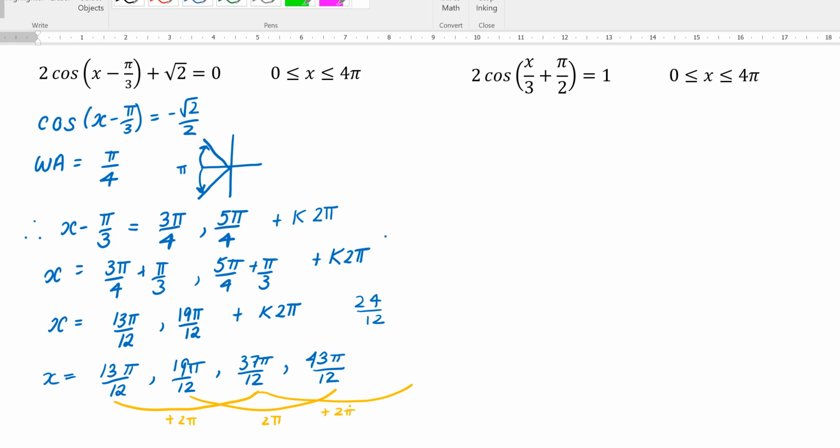However, when I add 2 lots of that to 37, so 37 plus 24, that gives me 61/12, and that is well beyond our 4 pi because 61 divided by 12 is 5. So that's not a solution. So these are my 4 solutions that I stick with.